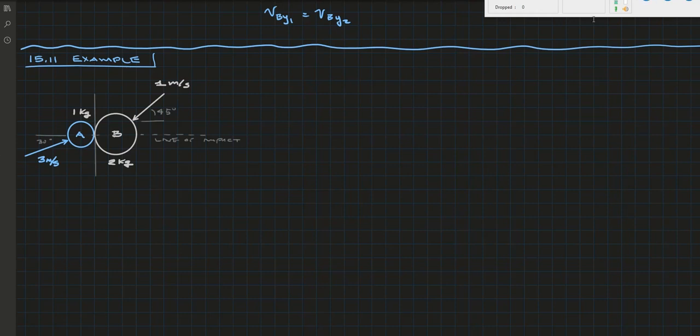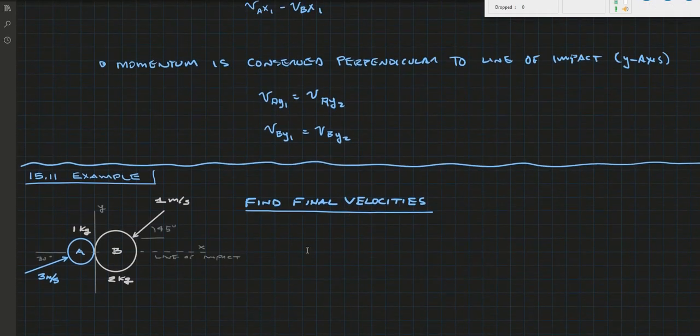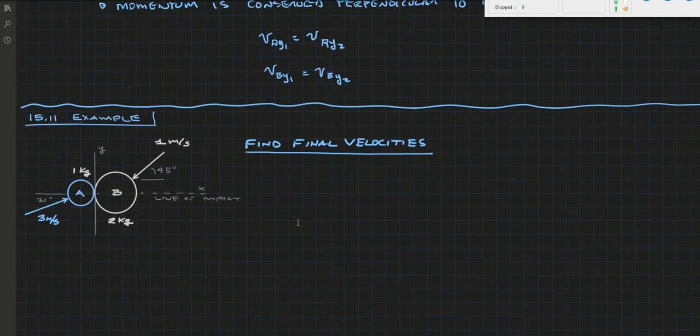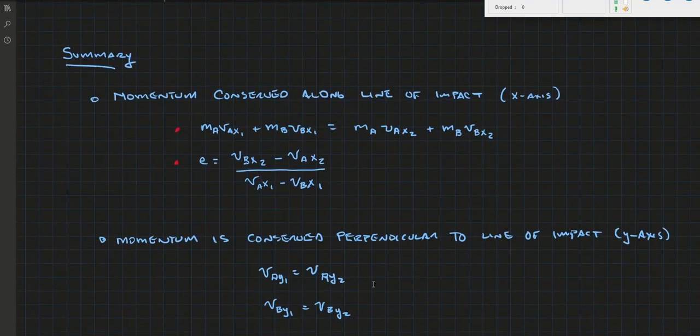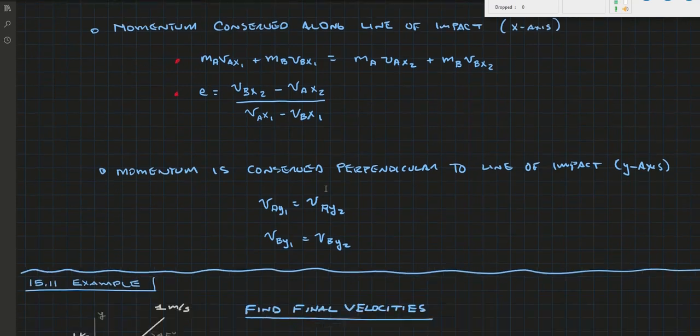And once we have that, we can draw a perpendicular to that. Let's say this is in the y direction and this is in the x direction. Okay, so this is an oblique impact, so let's use our ideas for oblique impact.